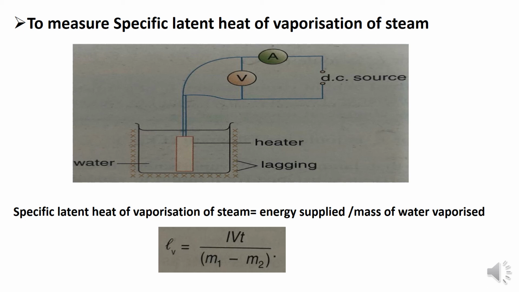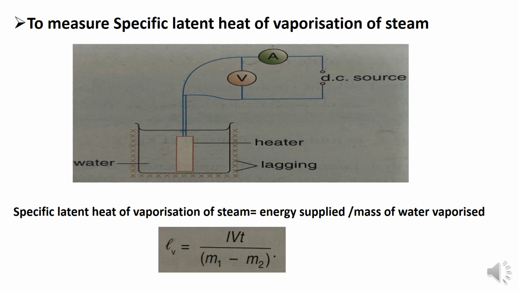The specific latent heat of vaporization of steam is calculated using this equation: energy supplied divided by mass of water vaporized. Energy supplied is the product of current, voltage and time. I represents the electric current, V represents the voltage, T represents the time. If you multiply these three quantities, you get the energy supplied, divided by the mass of water vaporized.